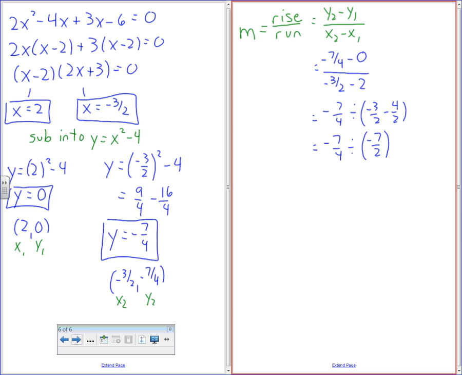Okay, can somebody tell me please how you divide fractions? Thank you. So this turns into -7/4 times 2/-7. That turns into 14/28, which is 1/2, which is good. So the slope is 1/2.